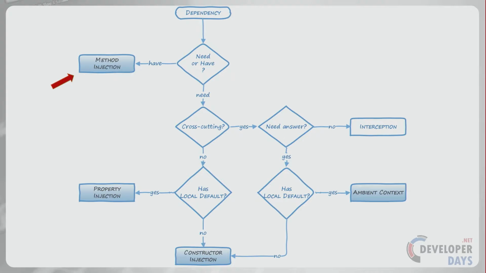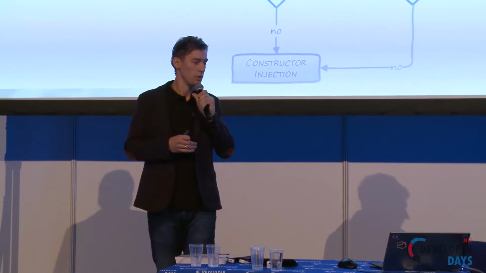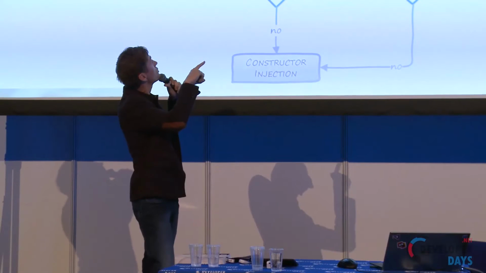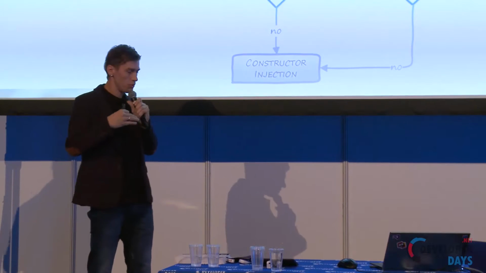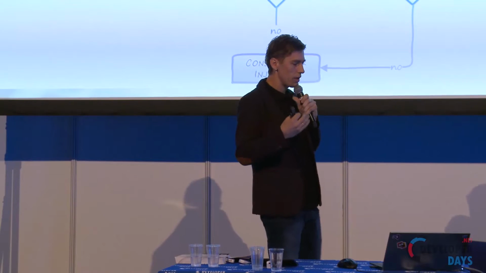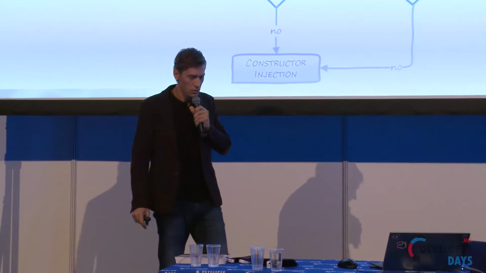And then later on, if you actually need a dependency from somewhere, the next question is what kind of dependency it is. Is it a cross-cutting concern, or is it just a dependency that is needed for the workings of the component? And if you follow the no branch of those decisions, so it's not a cross-cutting concern dependency, then the next question is: do I have a local default for that dependency?